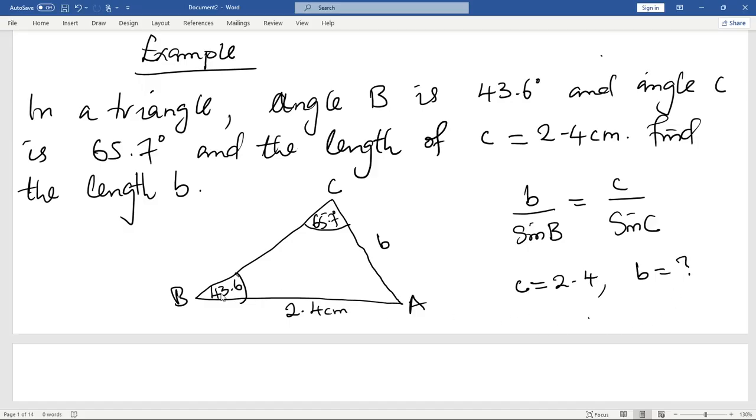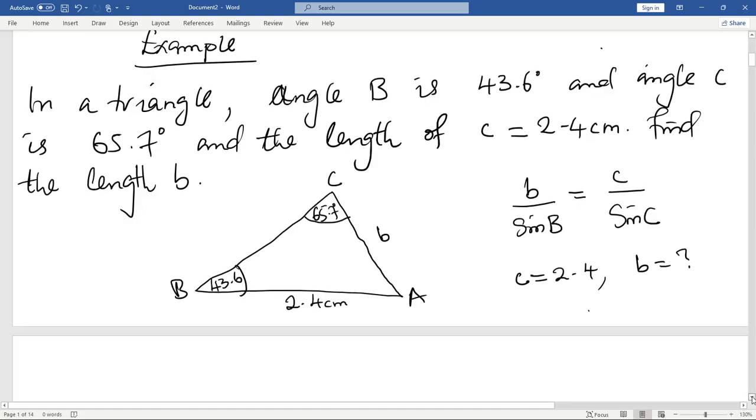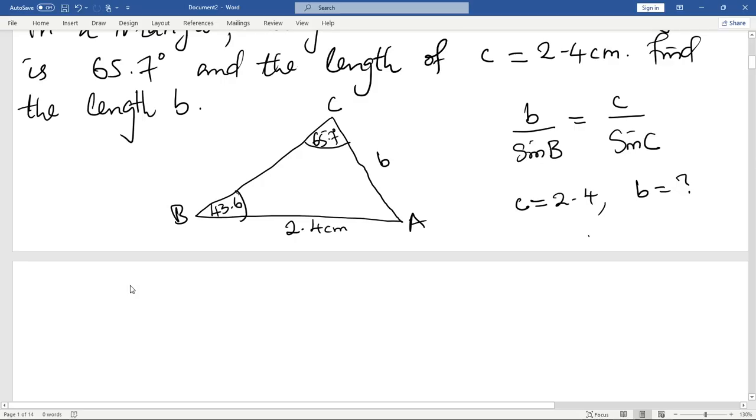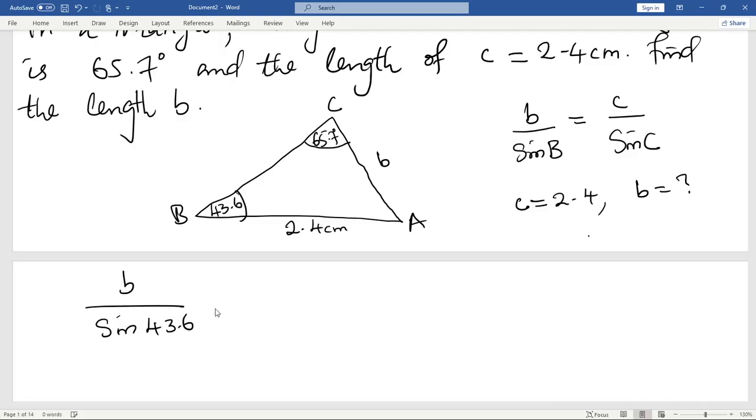So if we apply the sine rule, we have b over sine 43.6 equal to 2.4 divided by sine 65.7 degrees. So we need to solve for b here.